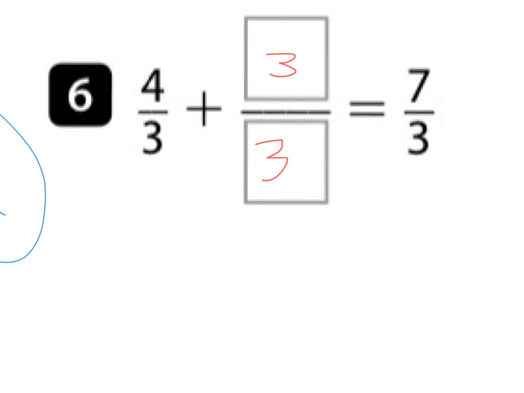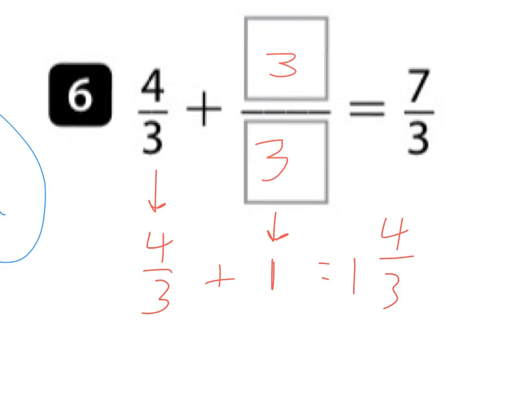Alright, I like how this one is already set up. You can see that 4 thirds, and this right here is 1 whole. So 4 thirds plus 1 whole equals 1 and 4 thirds.